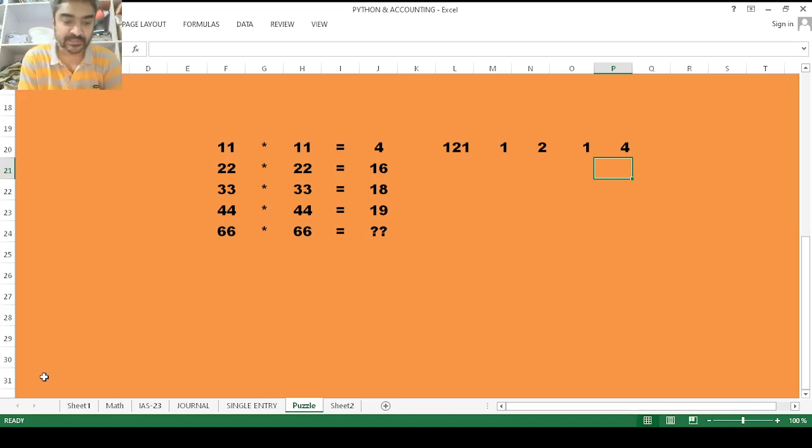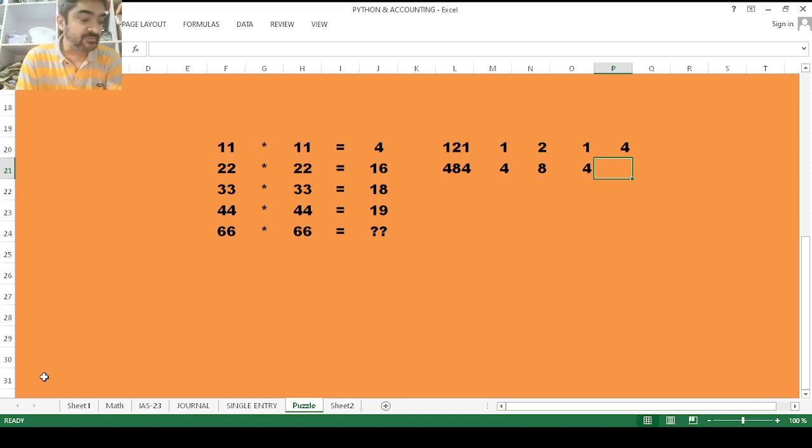Maybe this could be the pattern. Now let's try the second equation. 22 multiplied by 22 comes out 484. There are three digits in the answer of this equation also. Now let's split it out: 4, 8, 4.